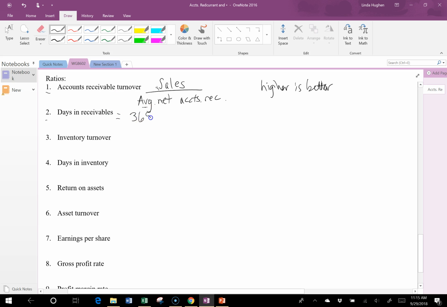We take the number of days in these sales, so 365 since we're looking at a full year, and divide that by the accounts receivable turnover we just calculated, to give us some estimate of how long we were waiting for collection of our accounts receivable.